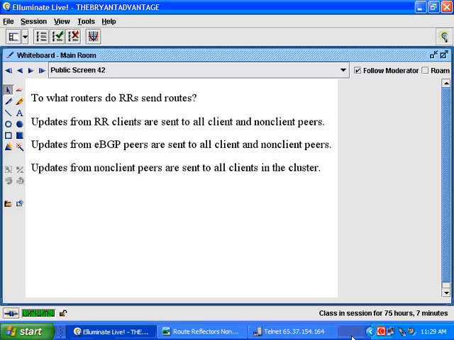And finally, though, if a route update comes from a non-client peer, that route is reflected to all clients in the cluster, but not to other non-clients. That's the difference between being a client or a non-client: an update from a non-client peer will be reflected to all clients, but will not be sent or reflected to non-client peers. Good stuff to know there.